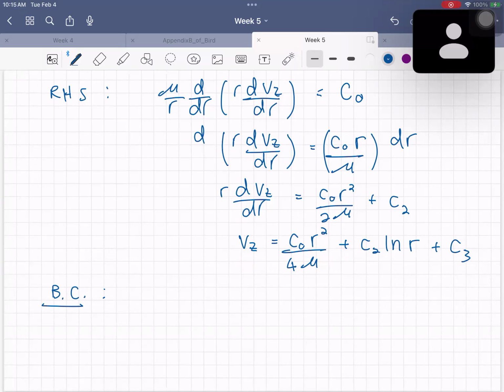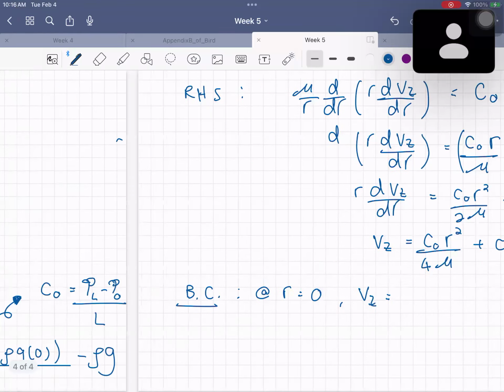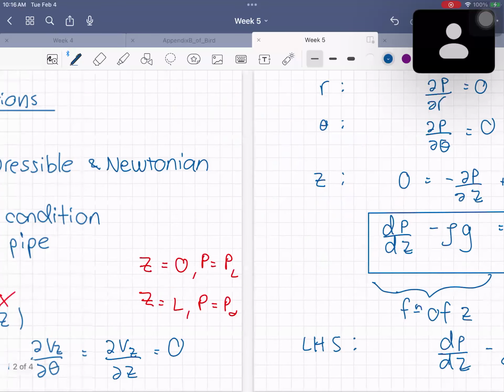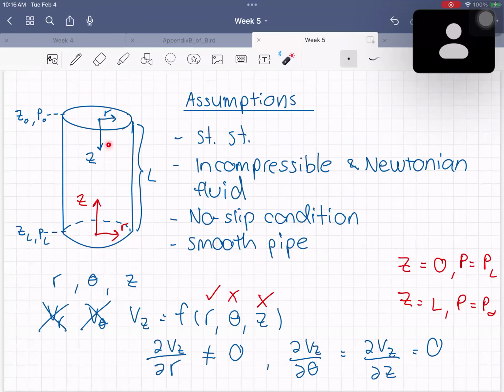To solve for C2 and C3. At r equal to 0, what would be vz where r equal to 0? R equal to 0 means that it's in the middle of the pipe, right? What would be the velocity in this boundary?